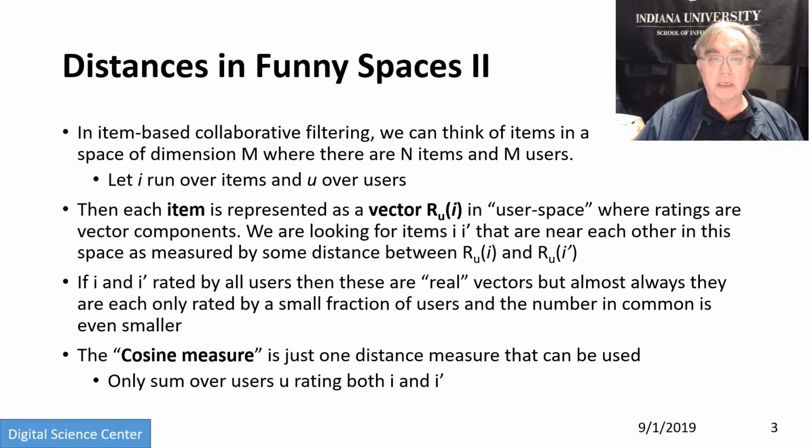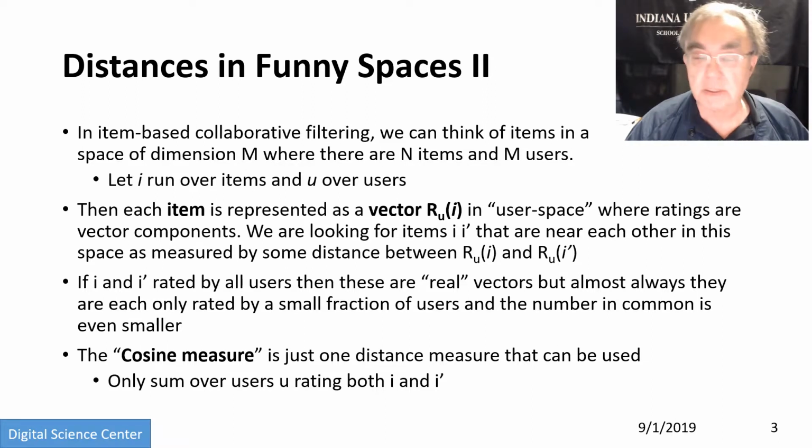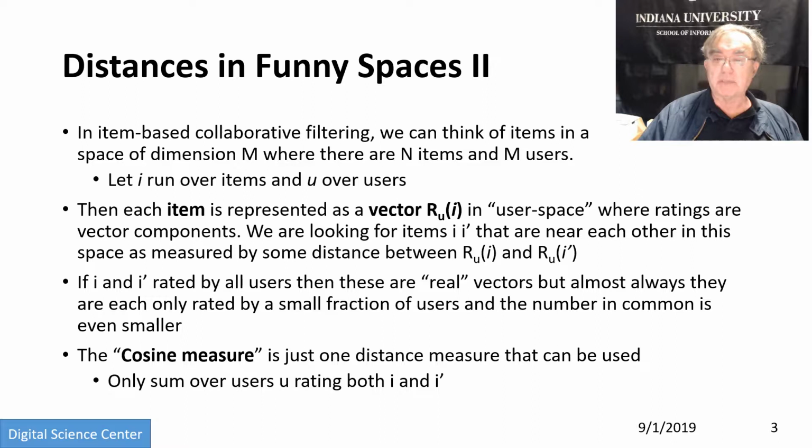Alternatively, if you do item-based collaborative filtering, you think of items as the points, and they're in a space of dimension m where there are m users. And now each item is represented as a vector in a user space, and the ratings of the users are the vector components. And we're looking for items that are near each other as measured between the distance between these vectors.